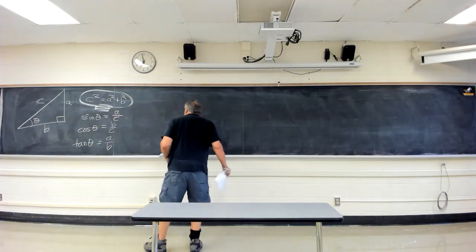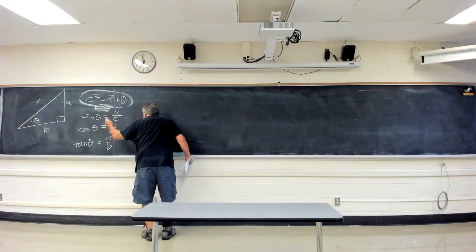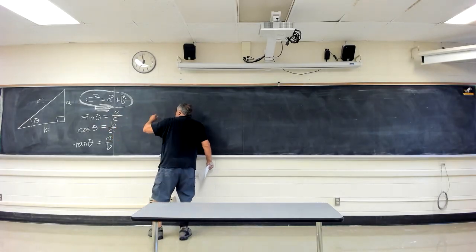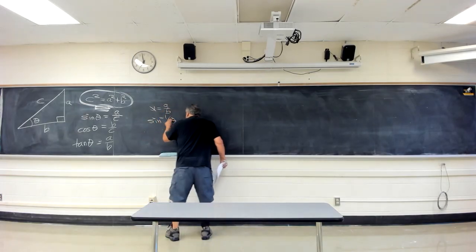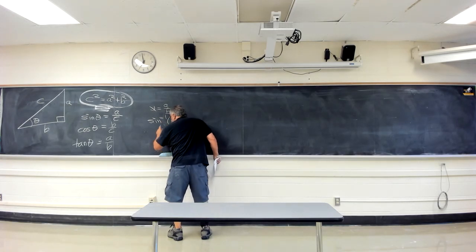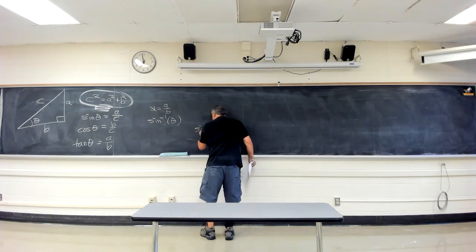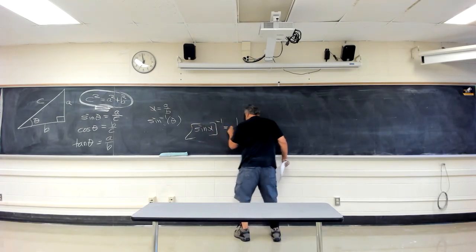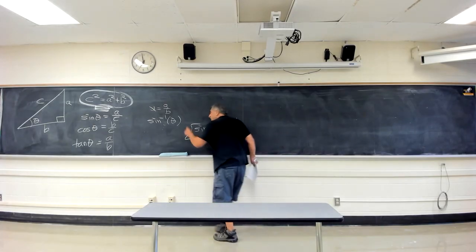A lot of times, you already know what this ratio is, whatever it might be, some value x. Let's say x equals this ratio. If somebody were to say to you the inverse sine, this does not mean, guys, the sine of x to the -1 power as one over that.